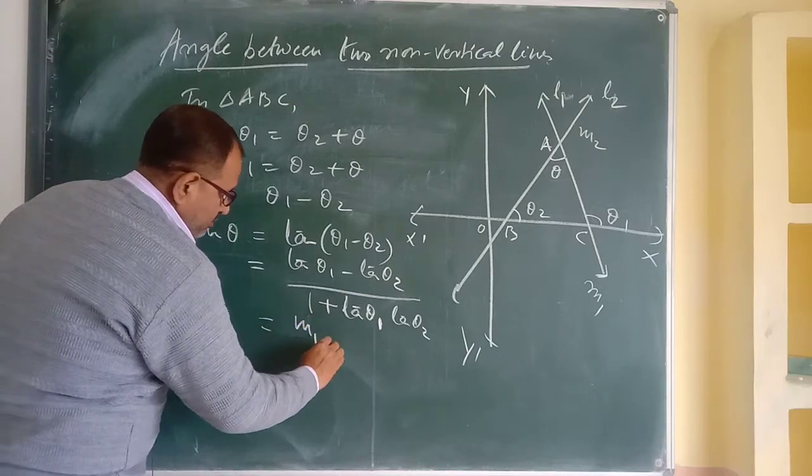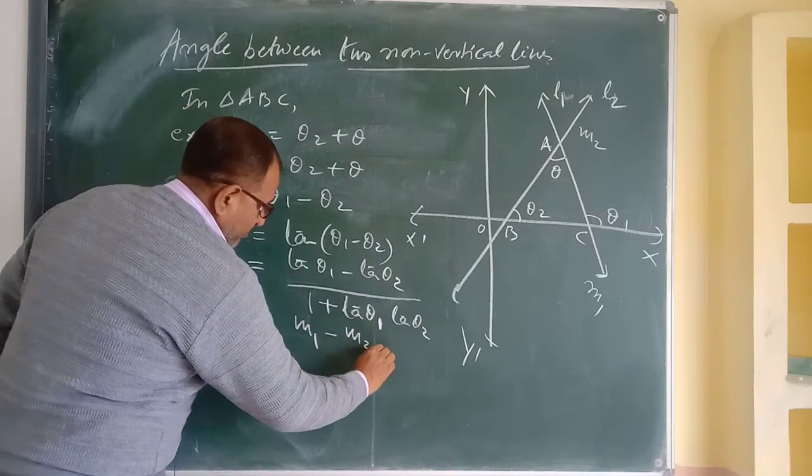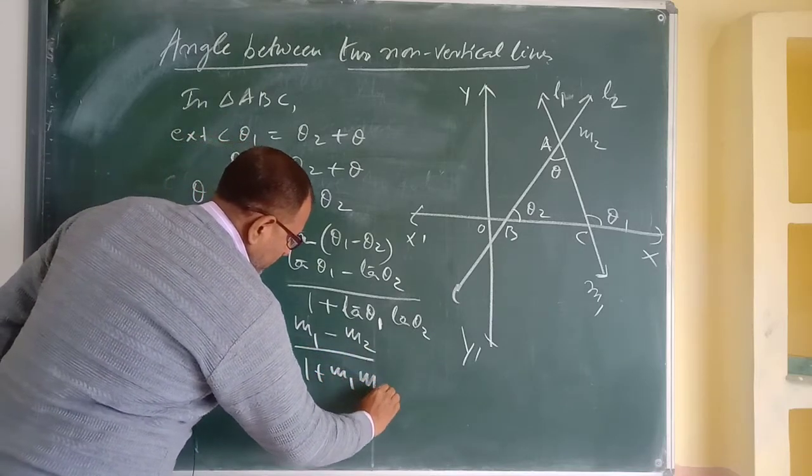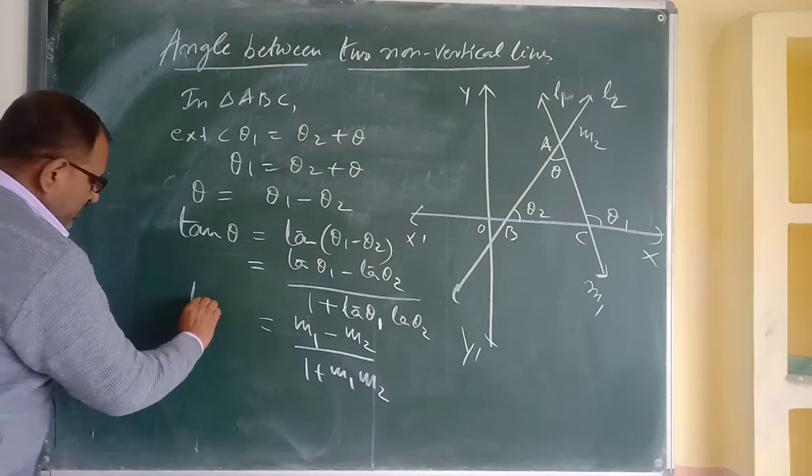So in terms of slope we can write m1 minus m2 upon 1 plus m1 m2. It is tan theta.